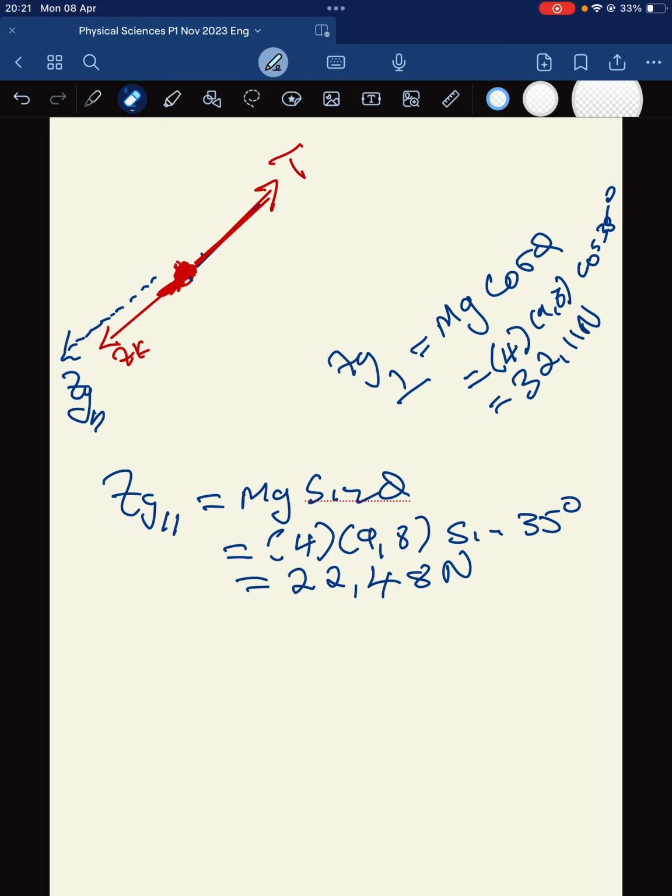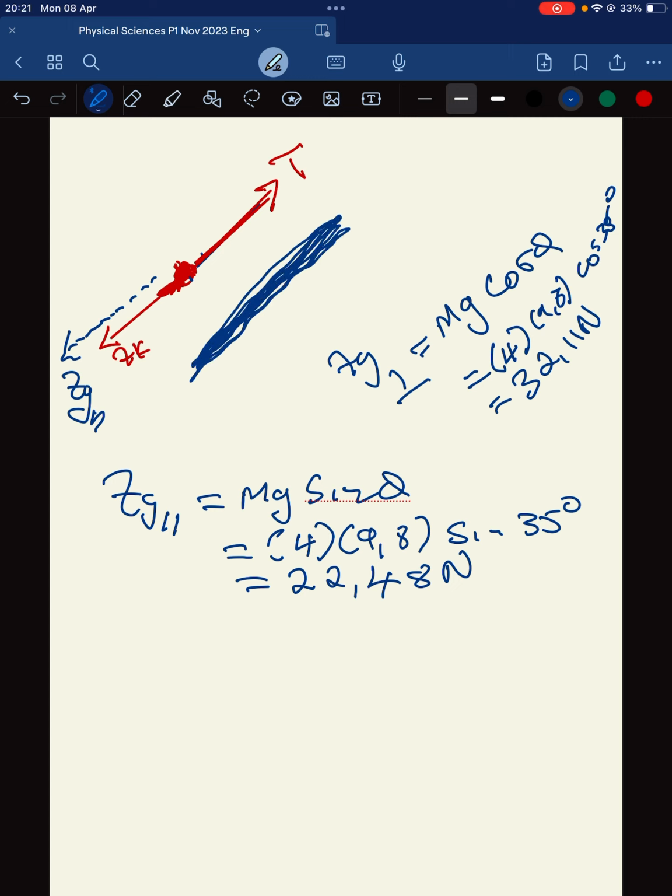So I'm going to be left with these three. So typically, what am I saying here? Only these forces that act parallel to the surface, or in the same line with the surface, okay? Only those forces are going to give you your net force.